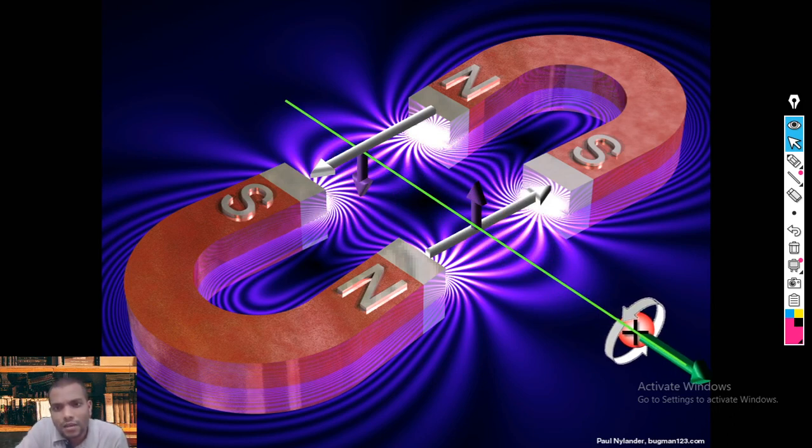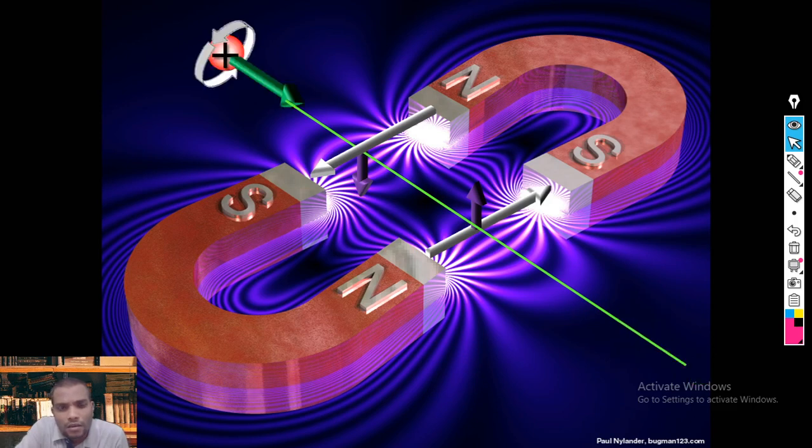Now the three arrow marks are three vectors. The charge is moving with a velocity. The green arrow represents the velocity vector, and the silver arrow represents the direction of the magnetic field. It's also a vector.